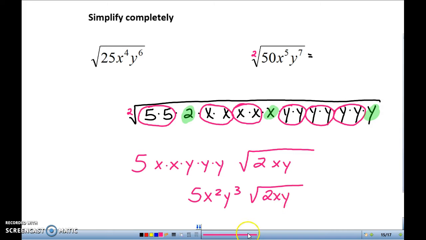That's your final answer. See here with my x and y under the radical sign, the exponent on both of those is 1. That is simplified. Anytime your exponents are a number greater than 1 on your variables, it is not simplified.